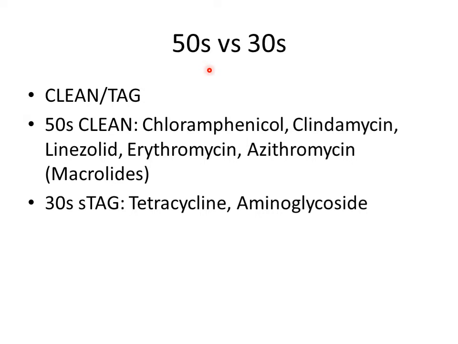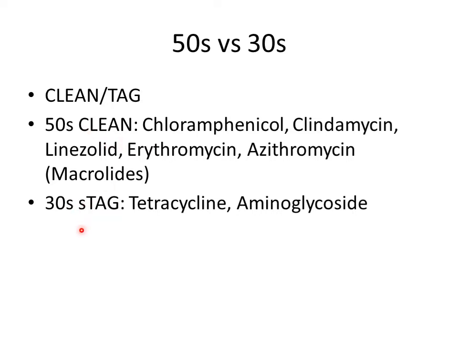Now, to know which of the antibiotics are protein synthesis inhibitors, we have to differentiate them upon which part of the ribosome they act. Those acting on the 50S subunit can be remembered by the mnemonic CLEAN, and those which act on the 30S subunit can be remembered by the mnemonic TAG.